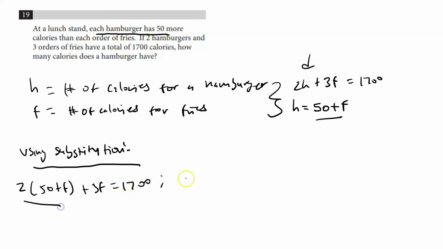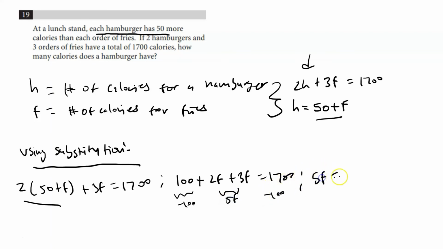Expanding this left-hand term here, we have 2 times 50, which is 100, plus 2 times f, plus 3 times f equals 1700. If we combine like terms and get all the f's on one side, 2f plus 3f is just 5f. So we have that 5f equals 1600, right?